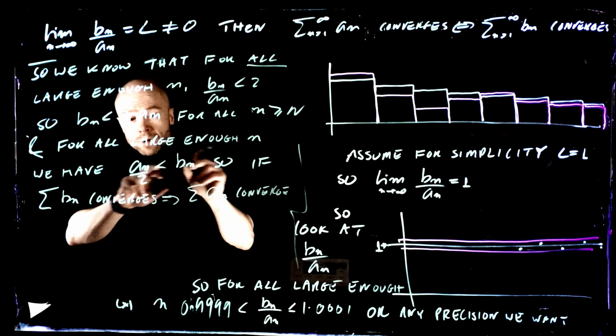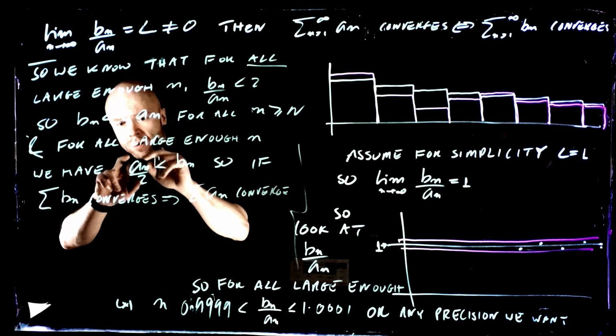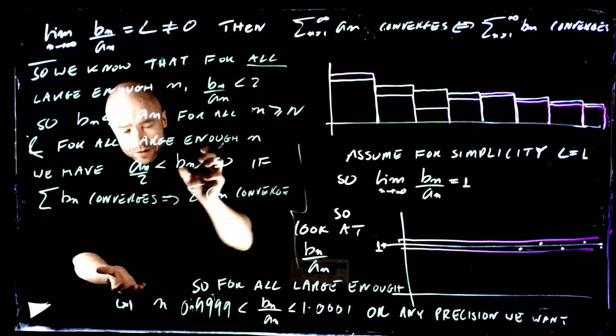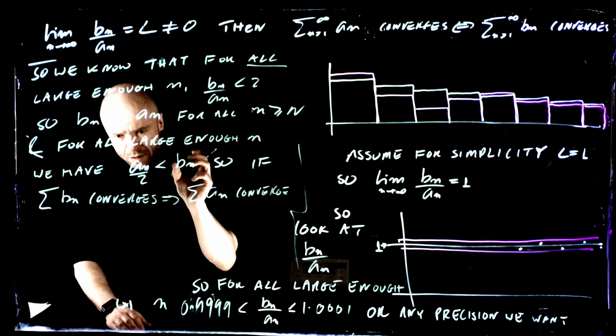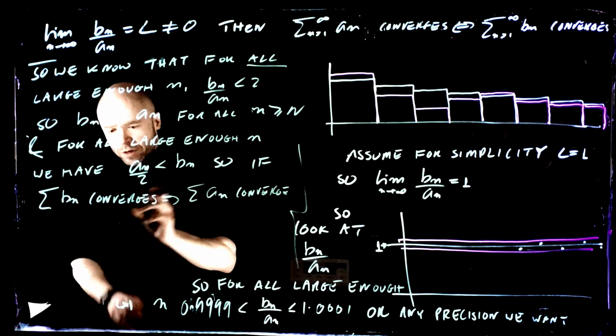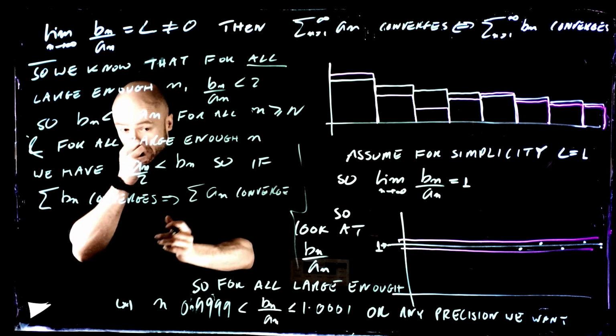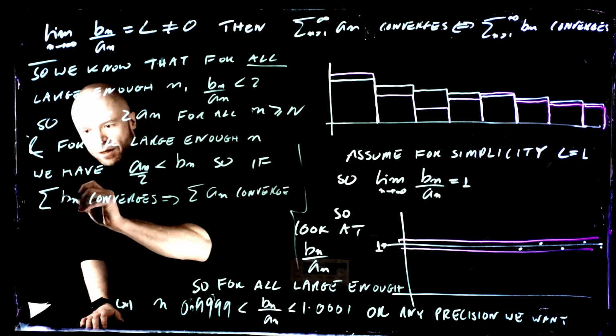Because from this, we know that the sum of An over 2 converges, because they are contained within the Bn blocks. Yeah? And if An over 2 converges, then, yeah, this is correct.